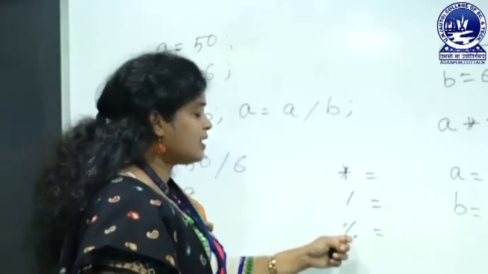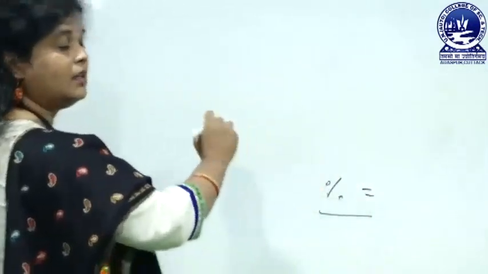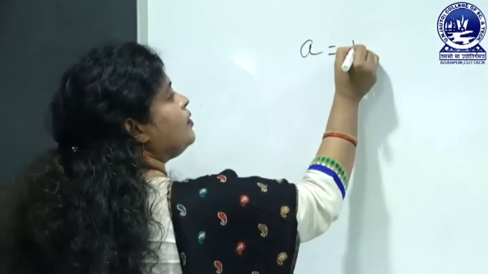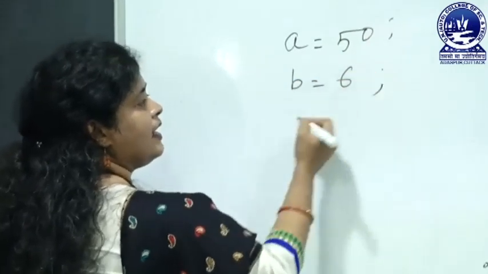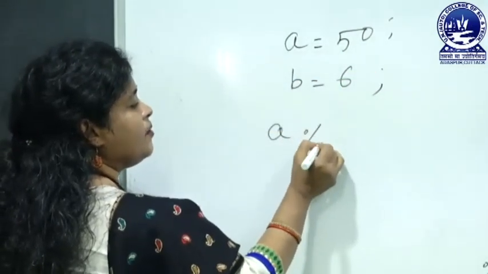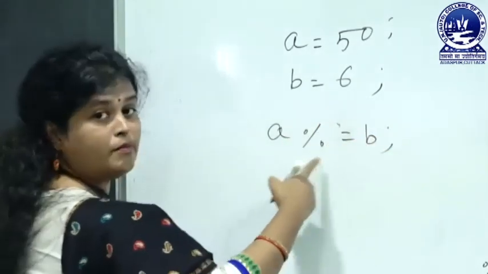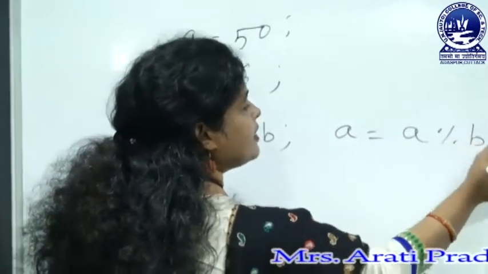Now we will move towards the last one. When you are writing a remainder equal to, then what will happen? Let a value is 50 and b value is 6. And when you are writing a modulus equal to b, it means that a equal to a modulus b.